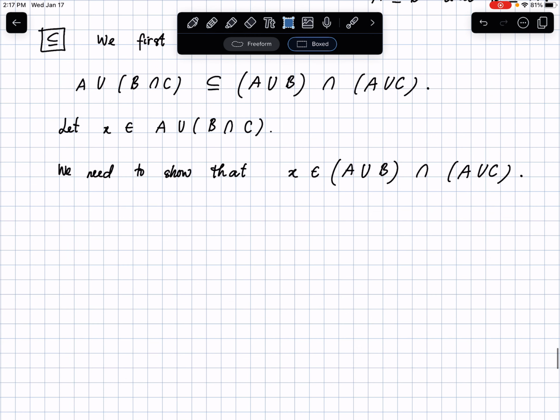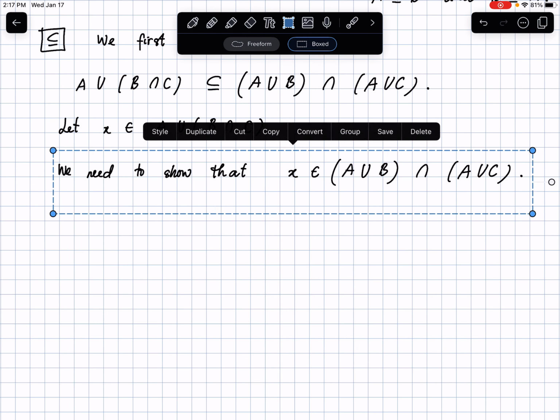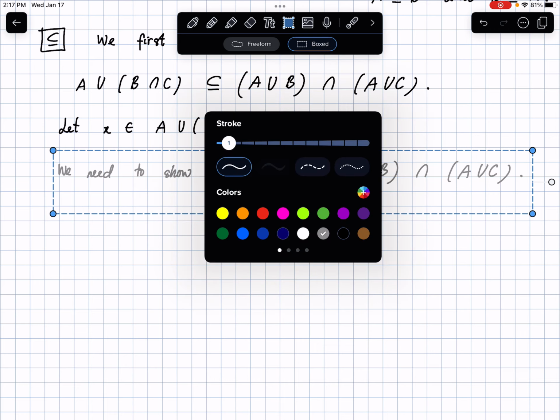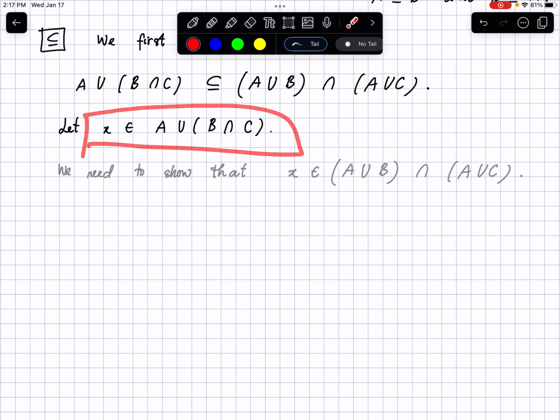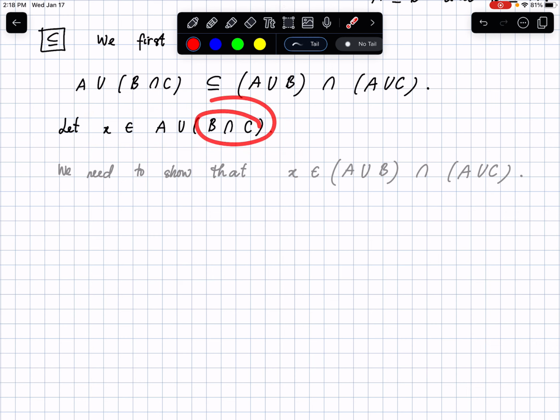Okay, now let's start from the hypothesis. What do we have now? x is an element of A union with this intersection, B intersect C. Okay.